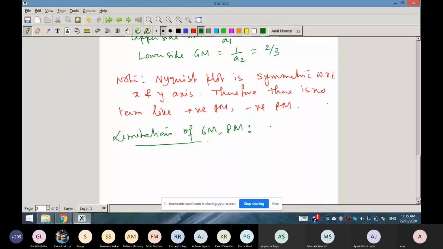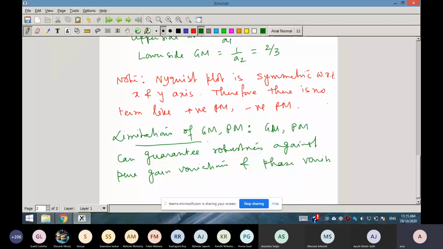GMPM can guarantee robustness against pure gain variation and phase variation. Pure, this term is important. So this is the limitation: pure gain variation and phase variation.